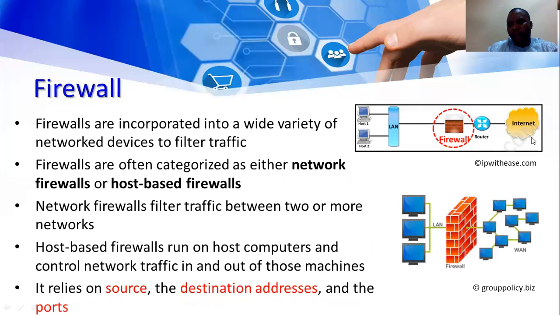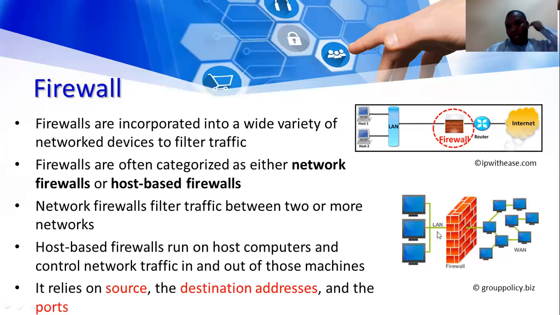You have your internet, which is the public network, your wide area network for example, and you have your router which connects to this wide area network, and you place a firewall behind your router, so that when traffic is coming from here, this firewall looks at it and determines whether this traffic should go to your local area network or should not. And so the firewall in this case tries to filter the traffic.